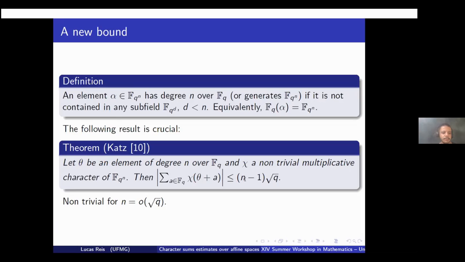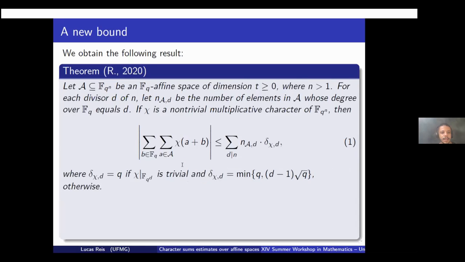Just employing a straightforward application of this, we can get our first result. I take an affine space A of dimension T, and n is greater than 1. For each divisor d of n, I can call n_A(d) the number of elements in A whose degree equals d. So I'm just grouping the elements of A according to the degree over F_q, and I call n_A(d) the number of elements in each group.